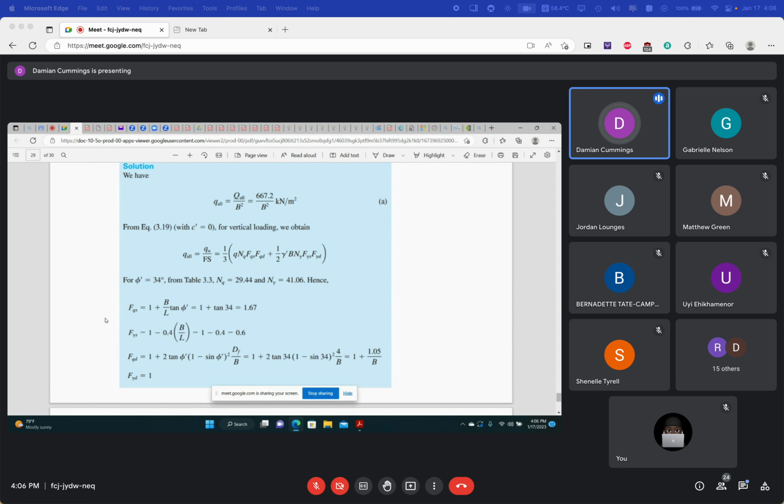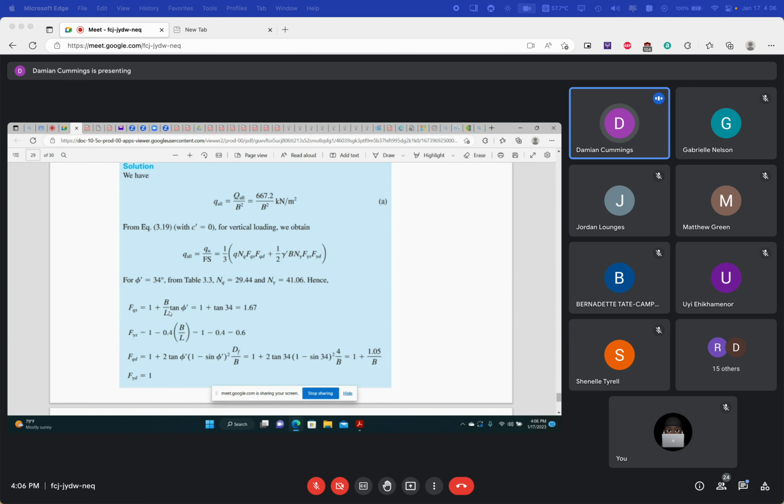We are able to calculate Fqs: 1 plus B over L times tan of phi. So it's 1 plus tan of 35. B over L, or length over breadth, for the square foundation, B times B, that was given, right?